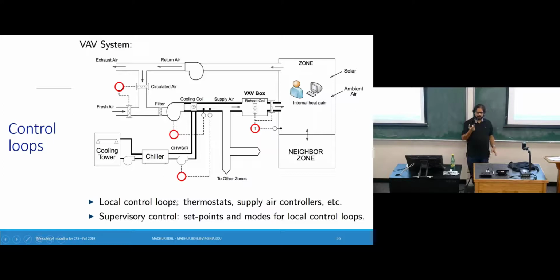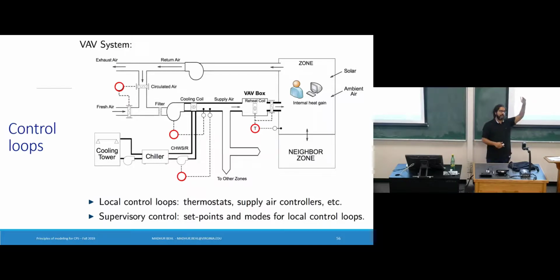The reason why they are supervisory is that when you want to do things like demand response, you will change these references. You will not change the working of the loops. So you will say, well, instead of having the room at 72 degrees Fahrenheit between 2 to 4 p.m. when there's going to be a peak and I have to curtail, let me change the reference to 75 just for 2 hours.